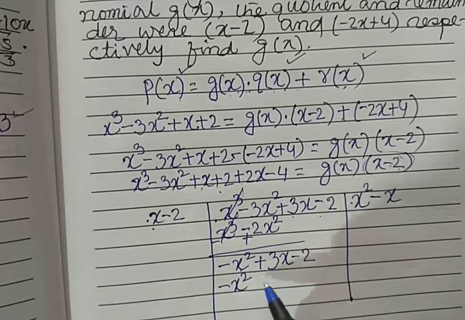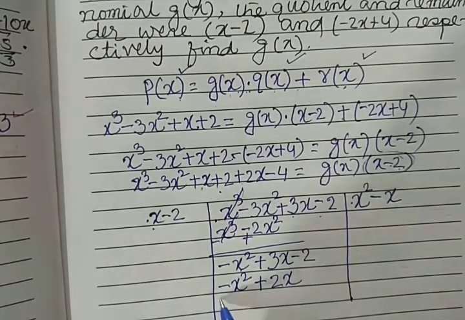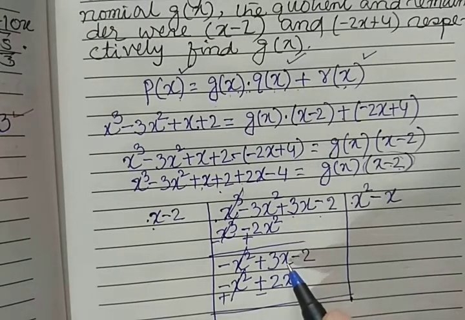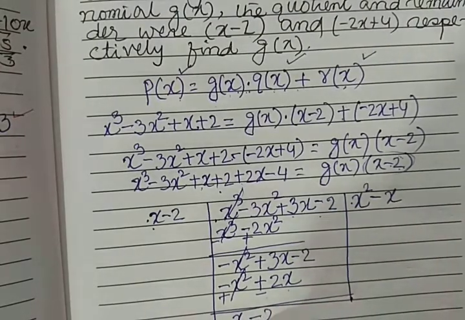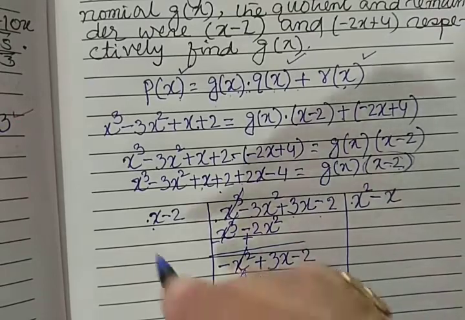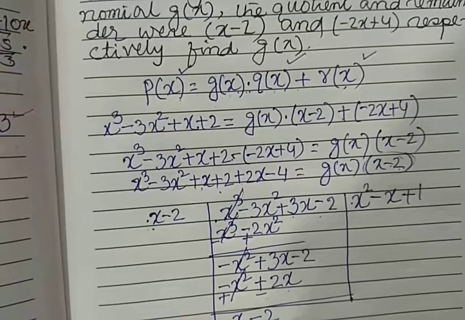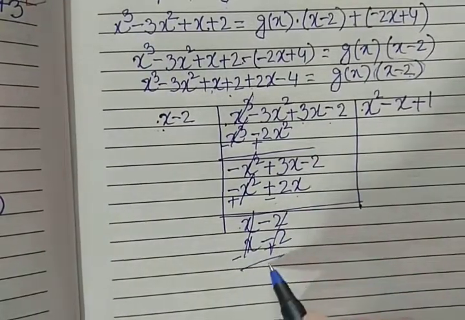Minus into minus is plus 2x. Now you have to subtract, so you have to change the sign. x square cancels. Plus 3x minus 2x is x, minus 2. So here plus, here plus, so plus 1. x minus 2. When you subtract, you have to change the sign. These two cancel, so you get 0.